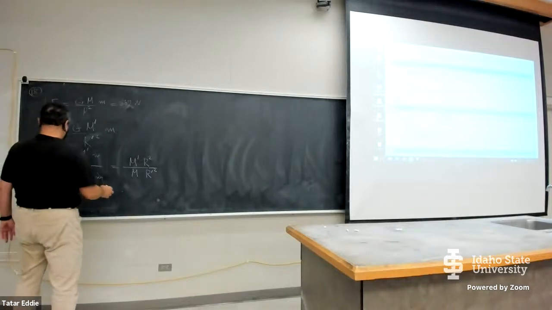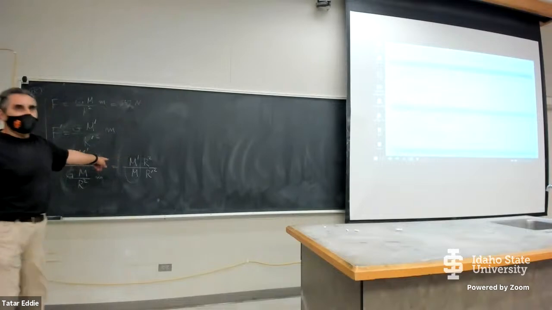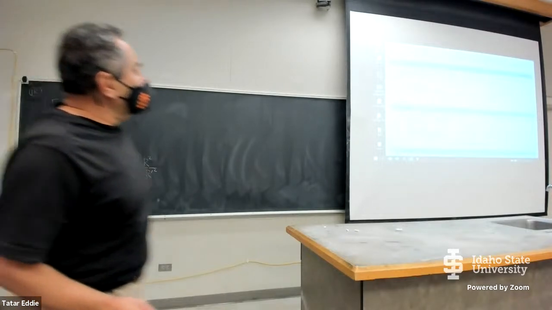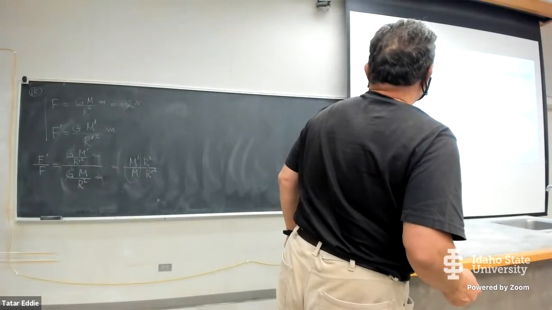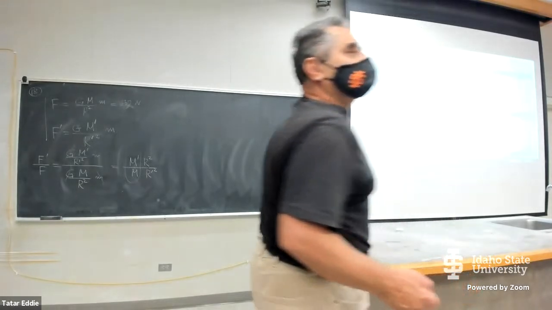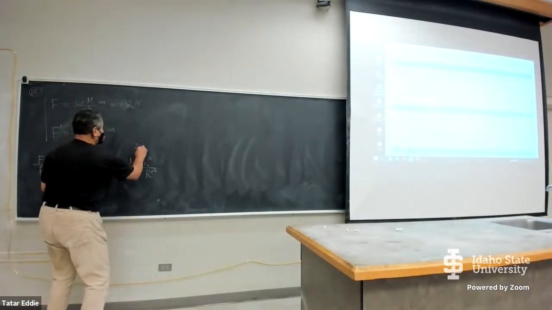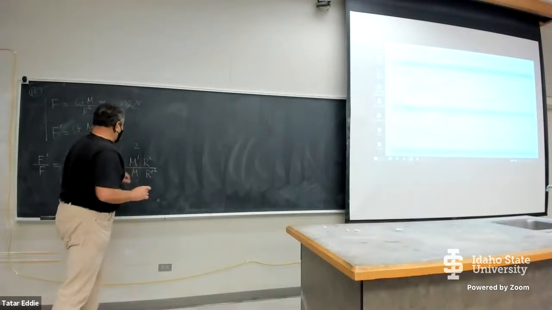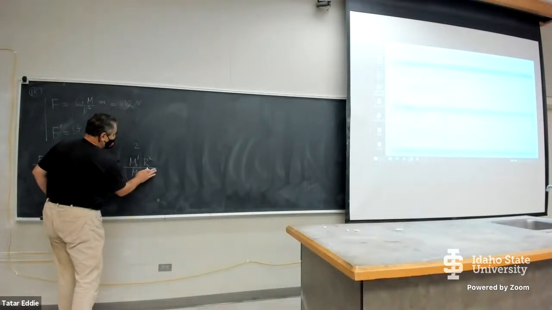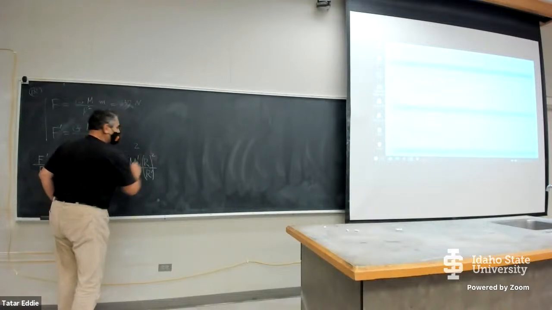For my problem, they say M prime is, what do they say for M prime? Mass is twice. So M prime divided by M is 2 for my version. So this ratio of radii, I can write it like this, radii squared.